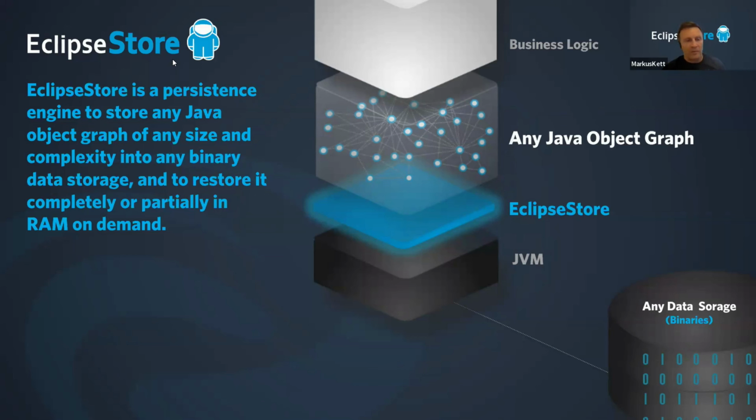You can have really low complexity. The only thing you need is an instance of the EclipseStore database in memory, and there is a root object, and all objects that are reachable from this root object can be persisted.